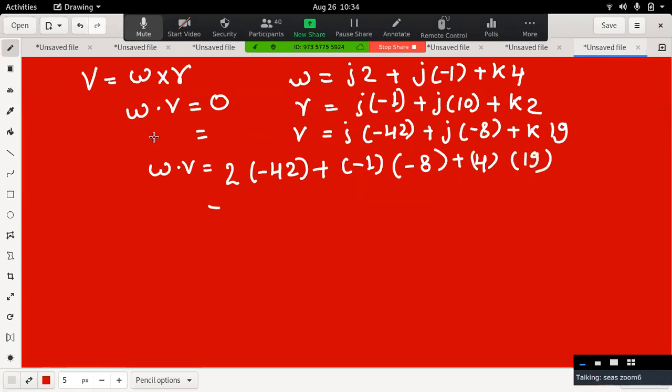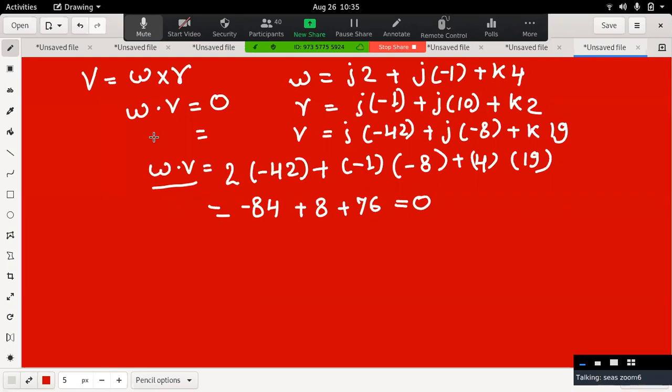Let's see if it is 0. So minus 84, plus 8, plus 76. So 76 plus 8 is 84, minus 84, it becomes 0. It means that our calculation was correct.